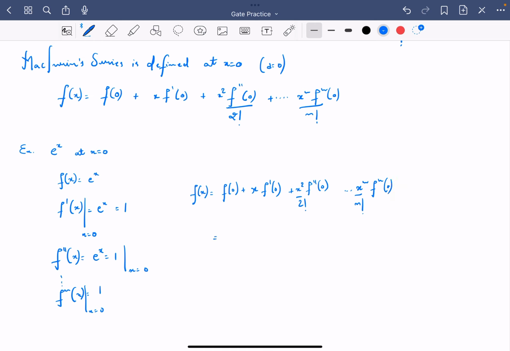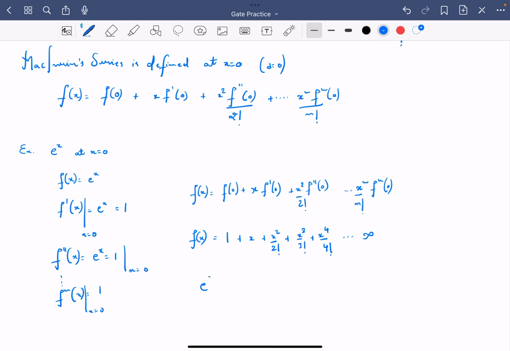So put f of 0, you get 1, plus x times f dash of 0 is also 1, plus x square by 2 factorial, plus the next term will be x cube by 3 factorial, plus x raised to 4 by 4 factorial and so on till infinite. So this is the Taylor series expansion for e raised to x.